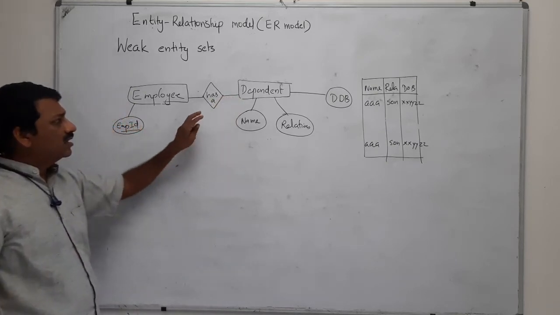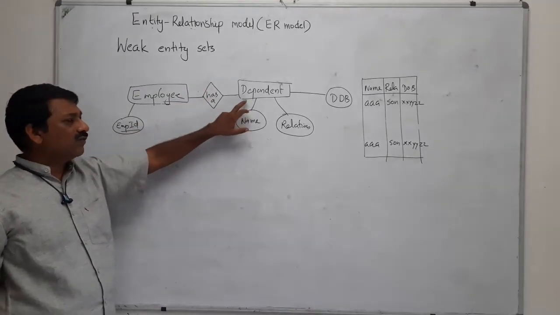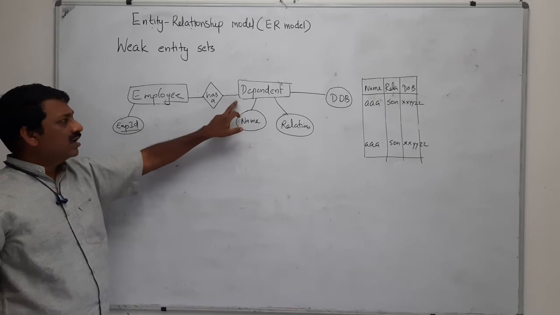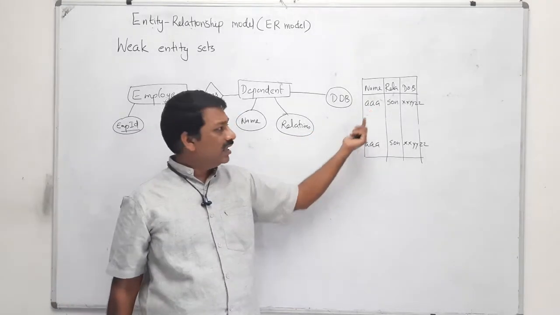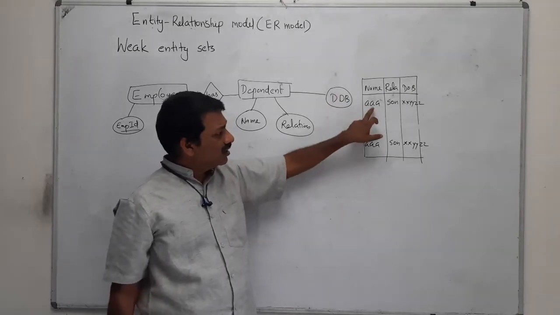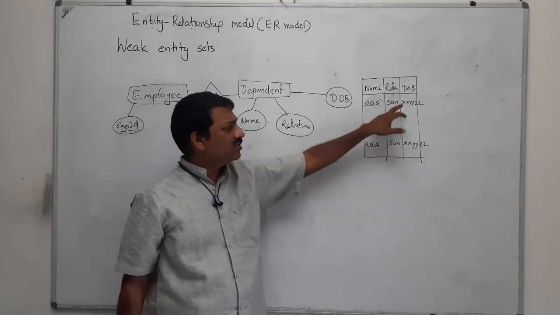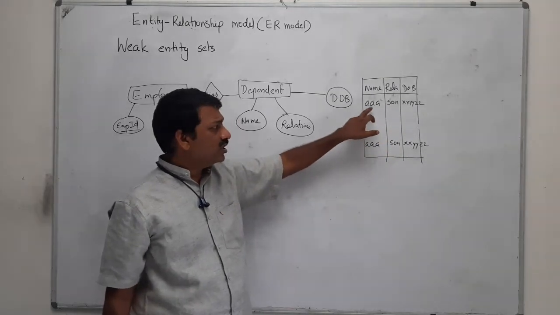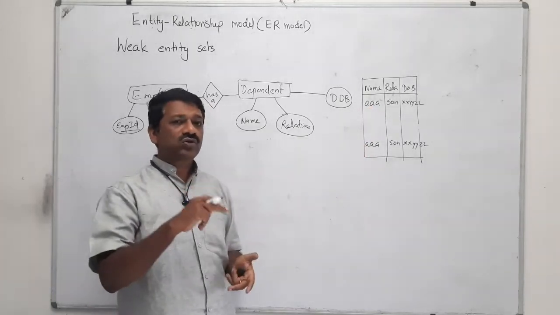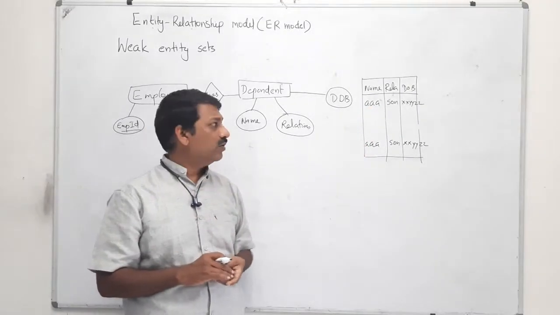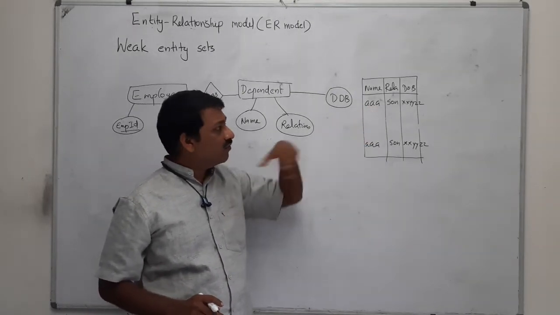This is a kind of relation, but this dependent is fully dependent. If a dependent exists, then to distinguish between two dependents with the same name, same relationship and same date of birth, if you want to distinguish between this tuple and this tuple, you want to know this is the dependent of which employee.